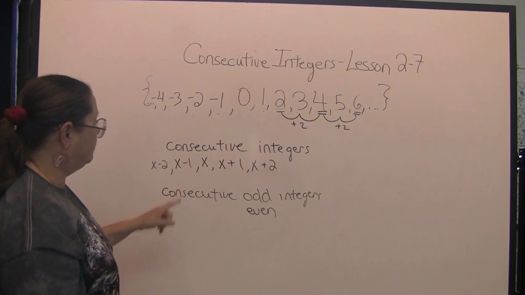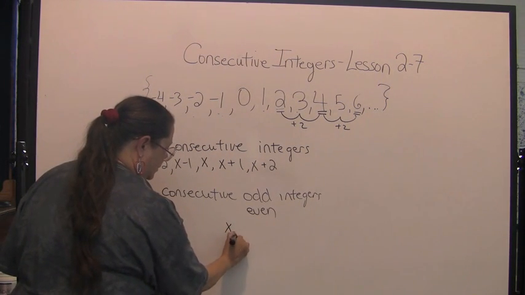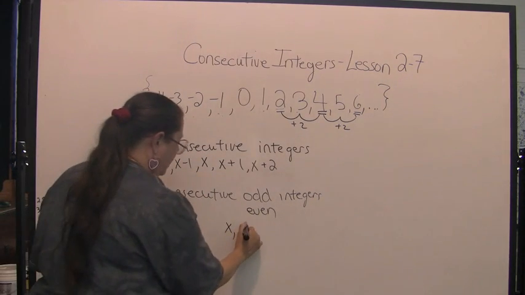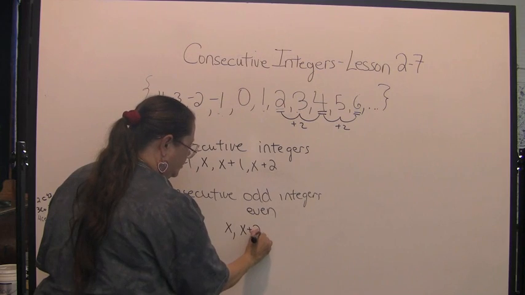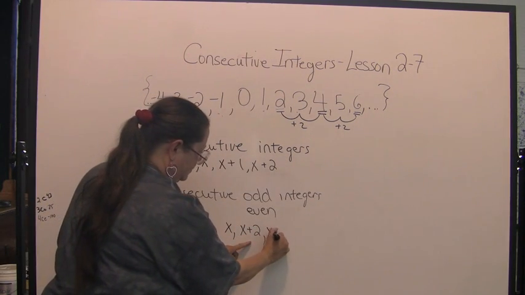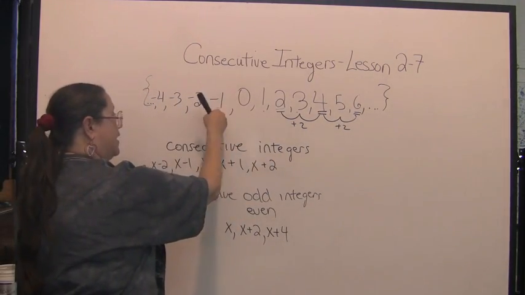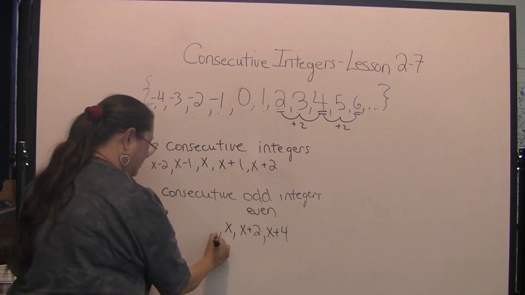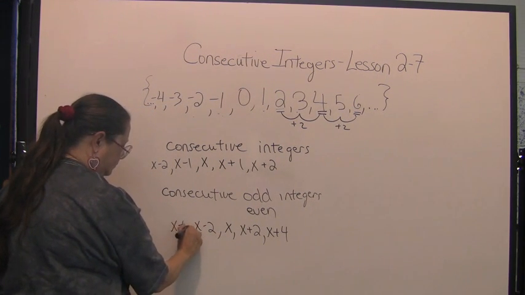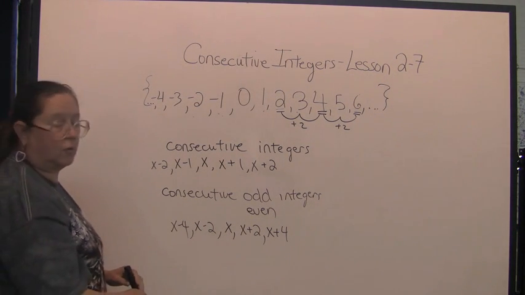So for even integers, if x is my first integer, to go to my next consecutive even integer, I add 2 to that. To go to the next one, I add 2 again, and so on. To go back the other direction from 2, I take 2 away, and so on. And the same thing works for odds.